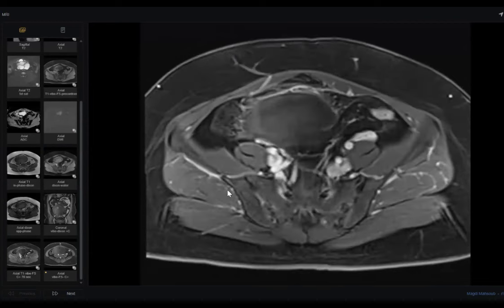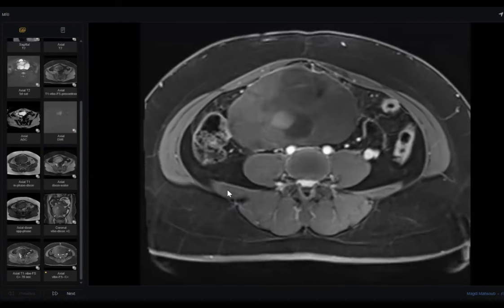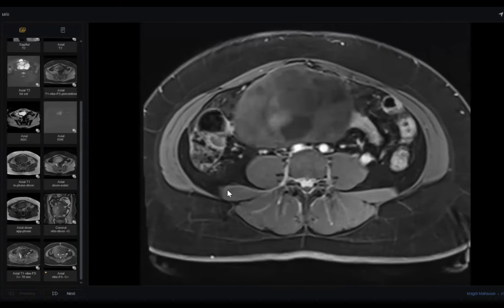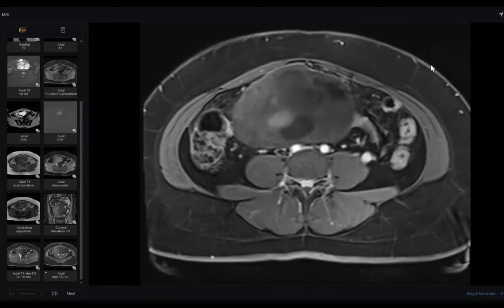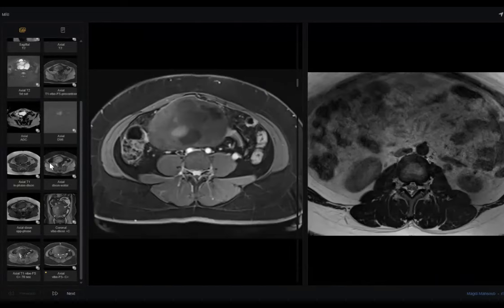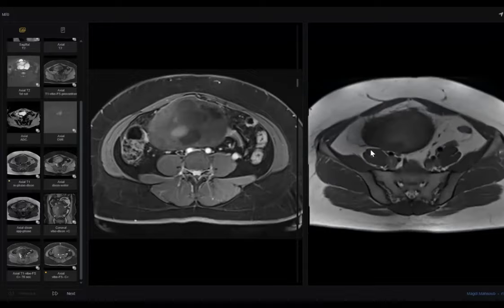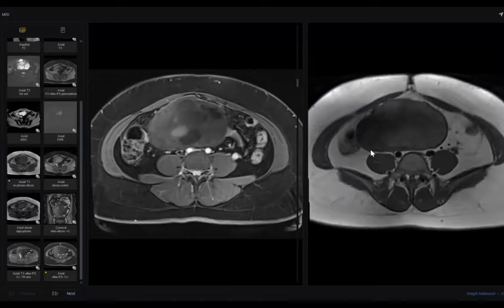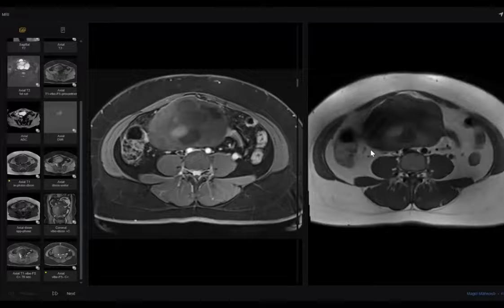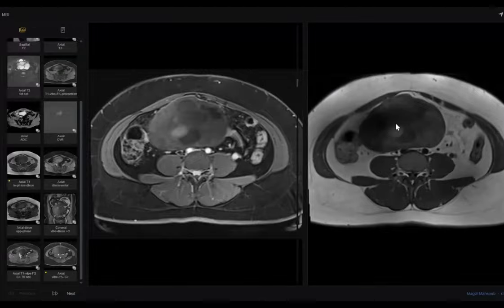Look here at the contrast. Sir, it is multiseptated with a solid enhancing component. Okay. Look here at the pre-contrast. This is pre-contrast. This is a T1 hyperintense focus demonstrating faint enhancement.